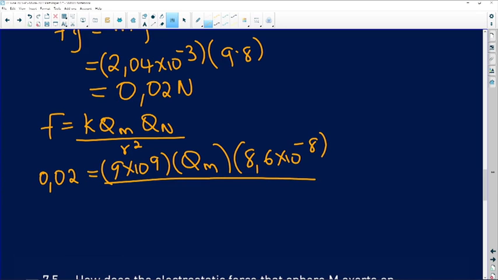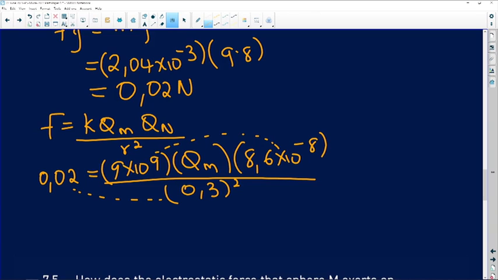The distance in between was given as 0,3, and therefore this will be squared. So what do we then do now? We can multiply the 0,02 and 0,3 squared, and then 9 times 10 to the power 9 with 8,6 times 10 to the power -8.